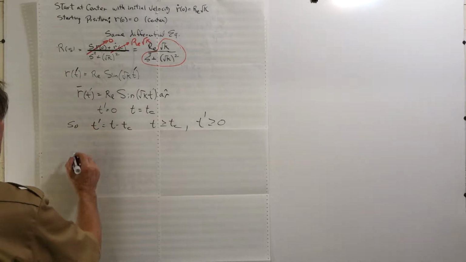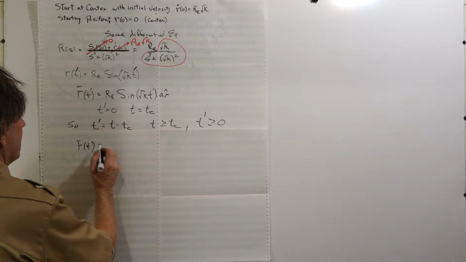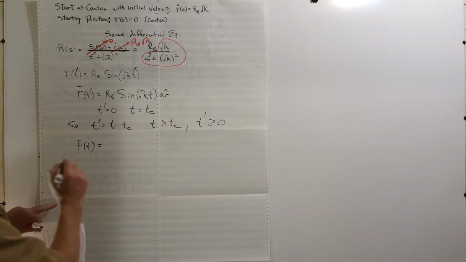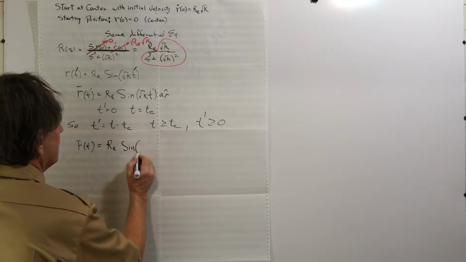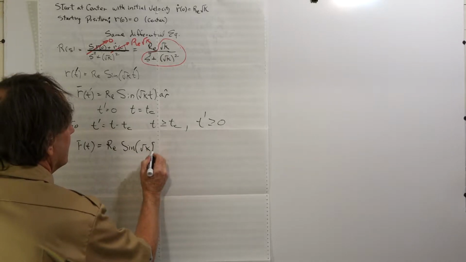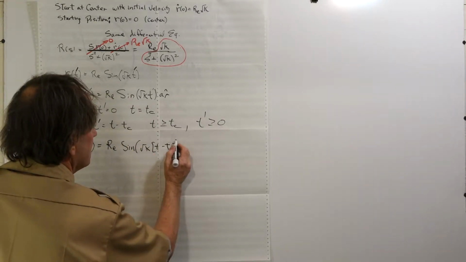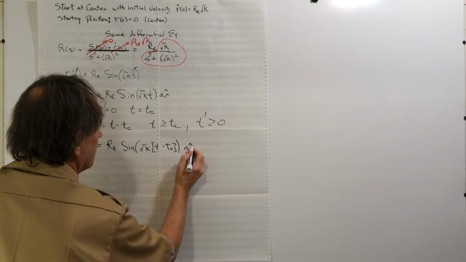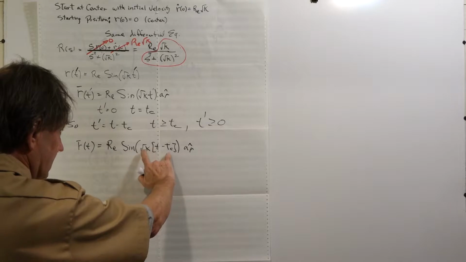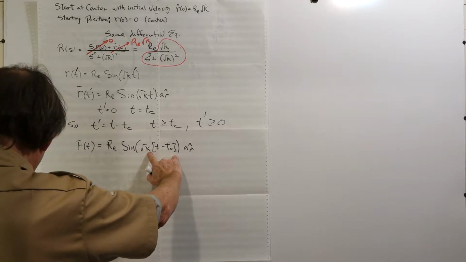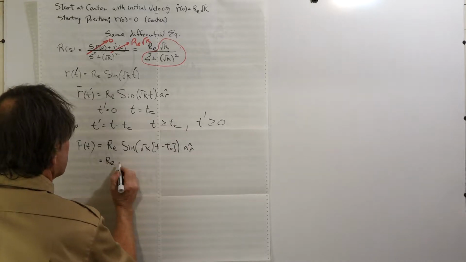So putting in, we get R of t, our time variable that we had before, is equal to Re times the sine of the square root of k. Now t primed is t minus tc, and that's in the a_R direction. Now we have the sine of a difference here, and we can use a trig identity to simplify this a little bit.